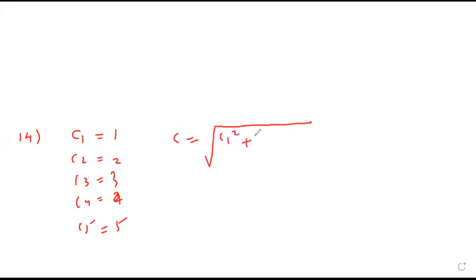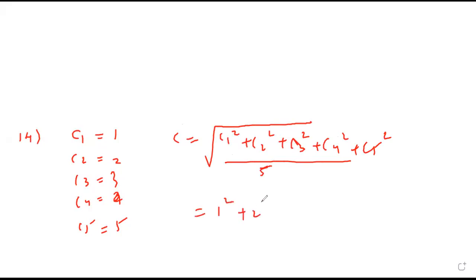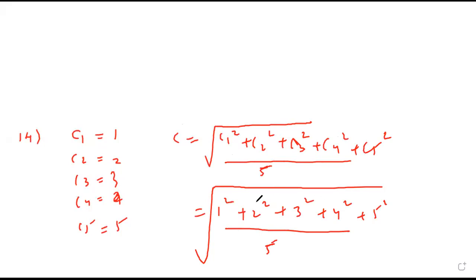It is c1 square plus c2 square plus c3 square plus c4 square plus c5 square upon 5. So 1 square plus 2 square plus 3 square plus 4 square plus 5 square upon 5. 1 plus 4 plus 9 plus 16 plus 25 upon 5.